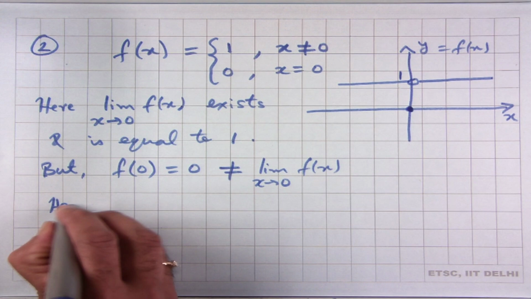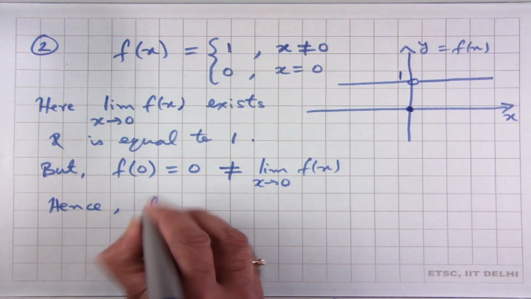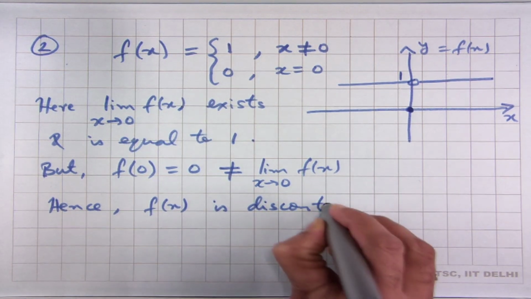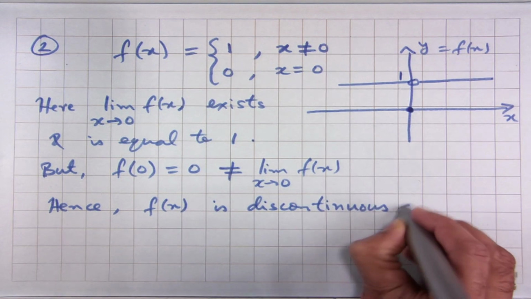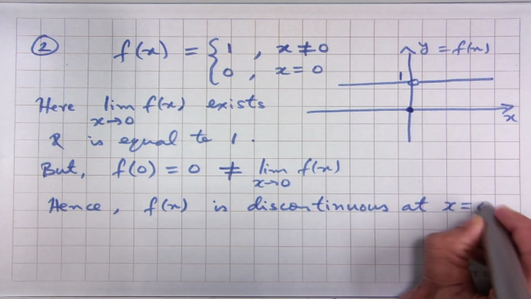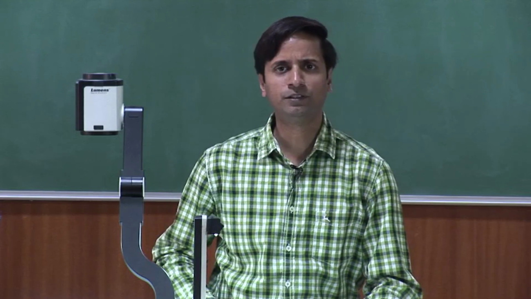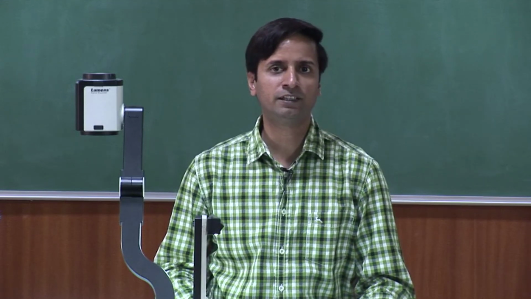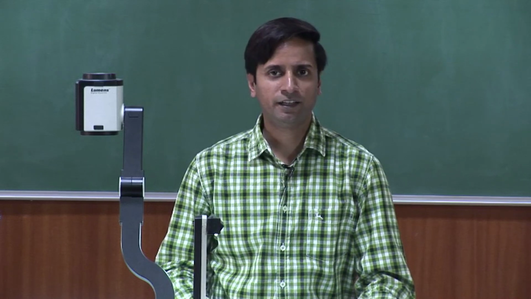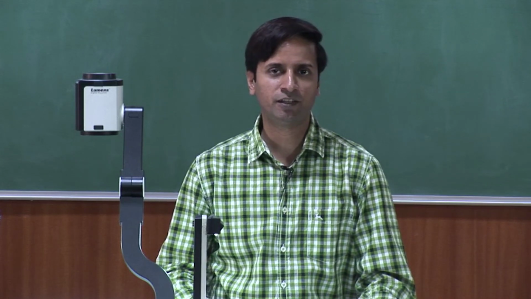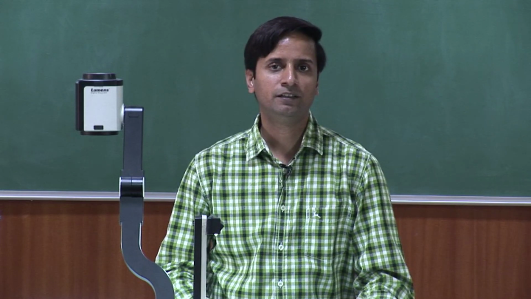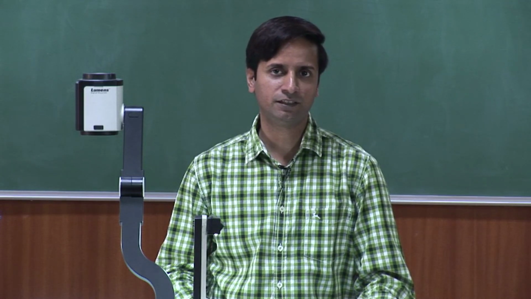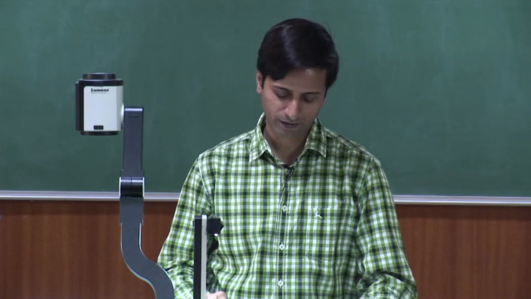Hence, the function f of x is discontinuous at x equal to 0. So, we have seen two examples. In one, the limit of the function did not exist at a point and therefore the function cannot be continuous at that point. Another example was where the limit exists and the function is defined at that point, but the value of the function is not equal to the limit. So, again the function is discontinuous at that point.